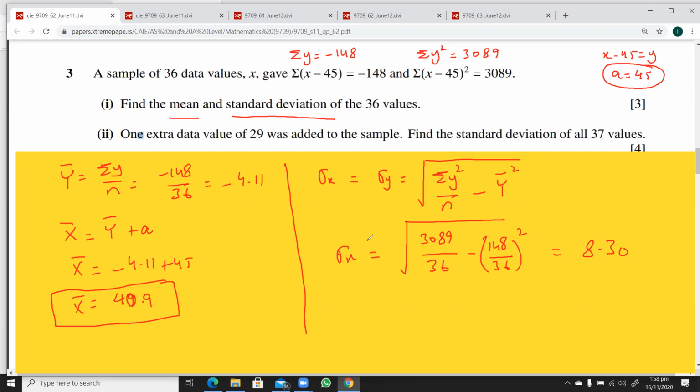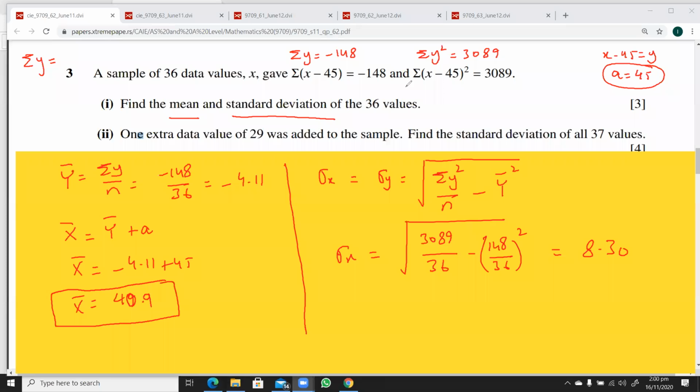So who will tell me what would be the new sigma y? Let me see if there is really a genius in our class. What is the new sigma y?